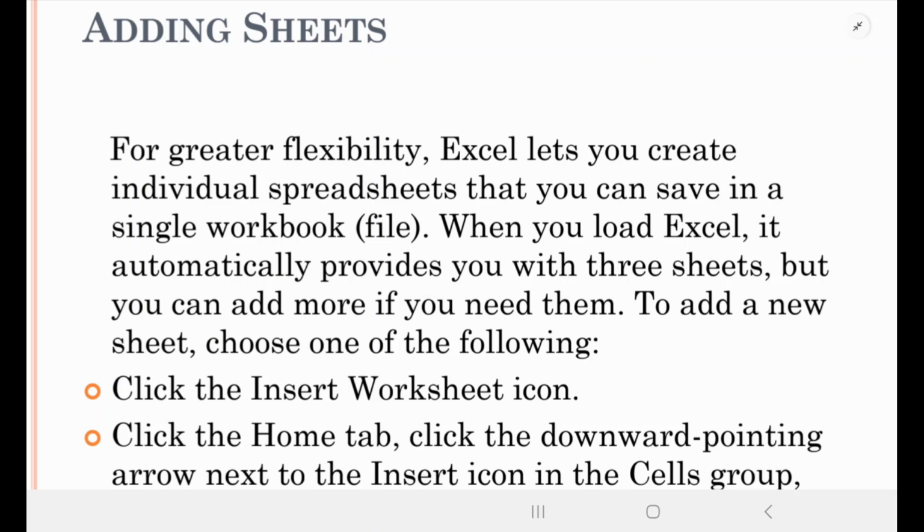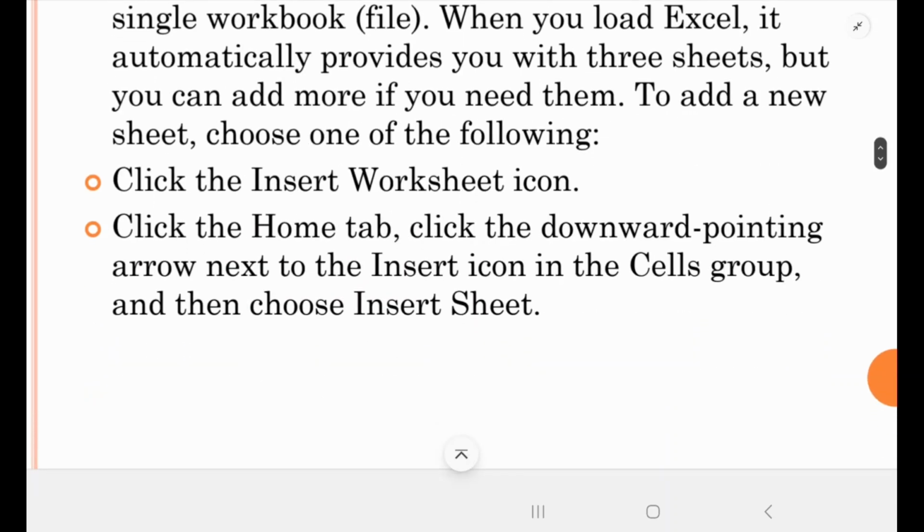You can click on the insert worksheet icon, or you can go to the home tab, and by clicking on the pointing arrow on the cells group you can choose insert sheets from there.